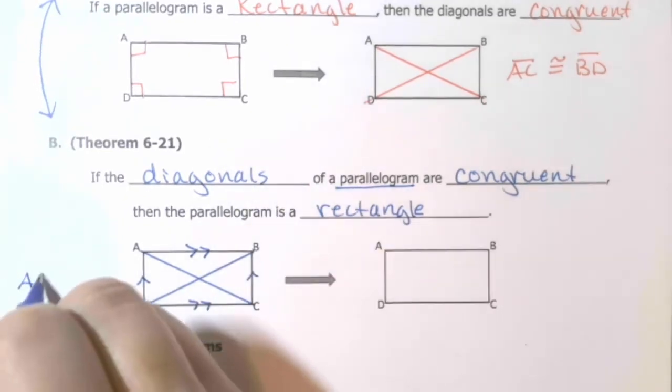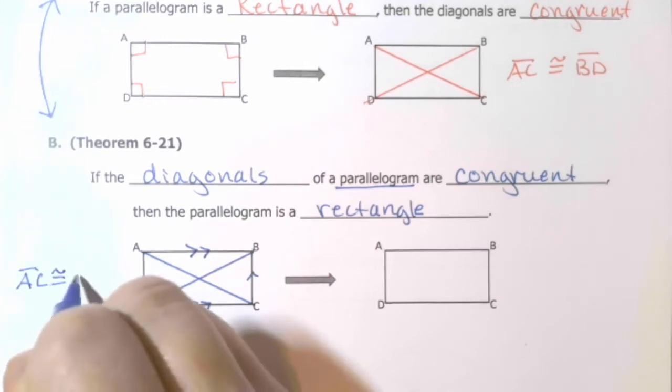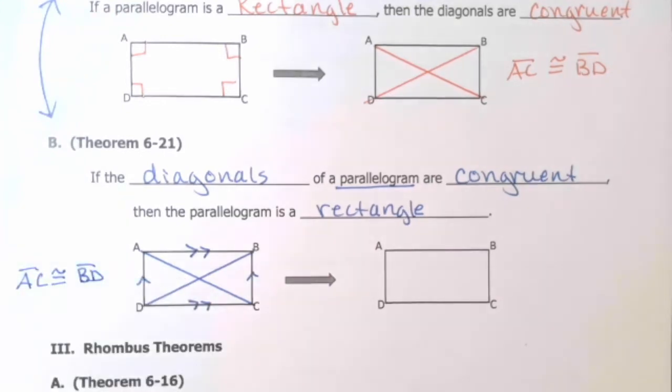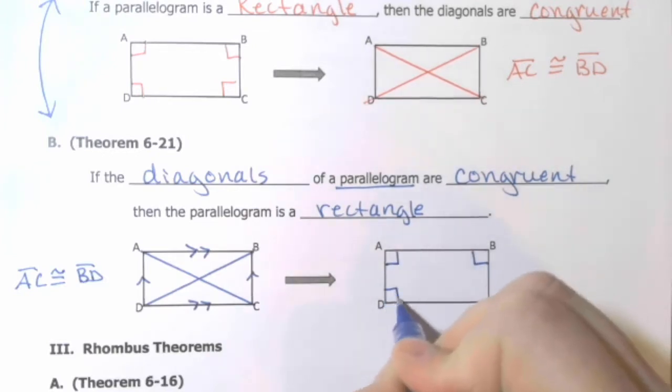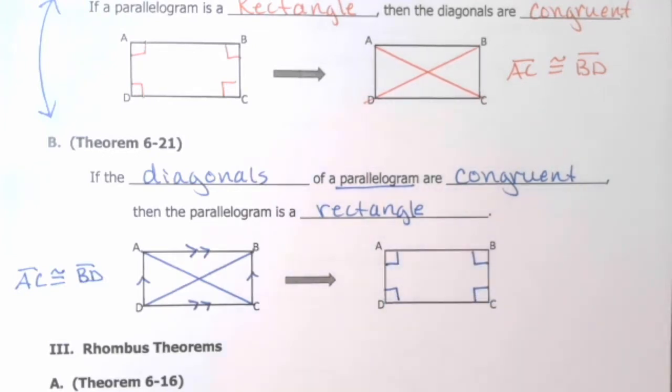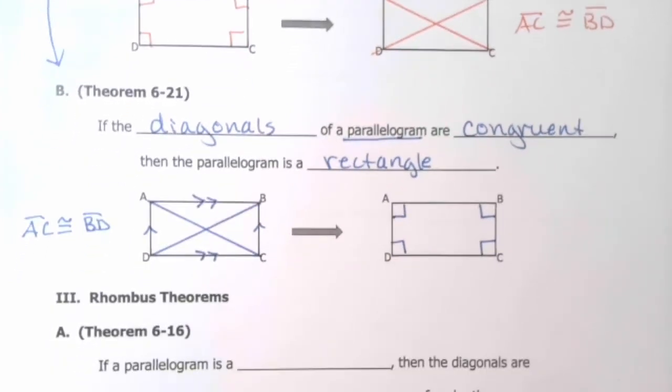So AC is congruent to BD. If that's the case, the result is a rectangle, which means all 4 angles are 90 degrees. All right, so those are our 2 theorems for rectangles.